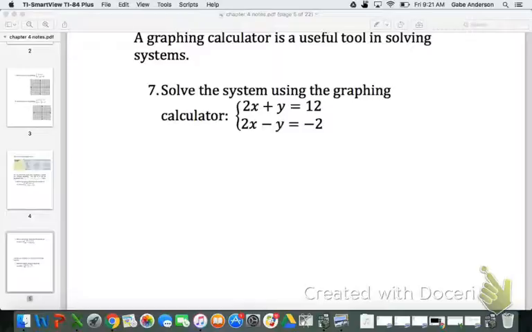Okay, so you'll be able to see on the screen in just a second how we do this. But before you go to your calculators, we've got to do a little bit of work with this system. We need to put this system, like we've been doing, into slope-intercept form. I'll go ahead and work that out while you guys are doing the same thing.